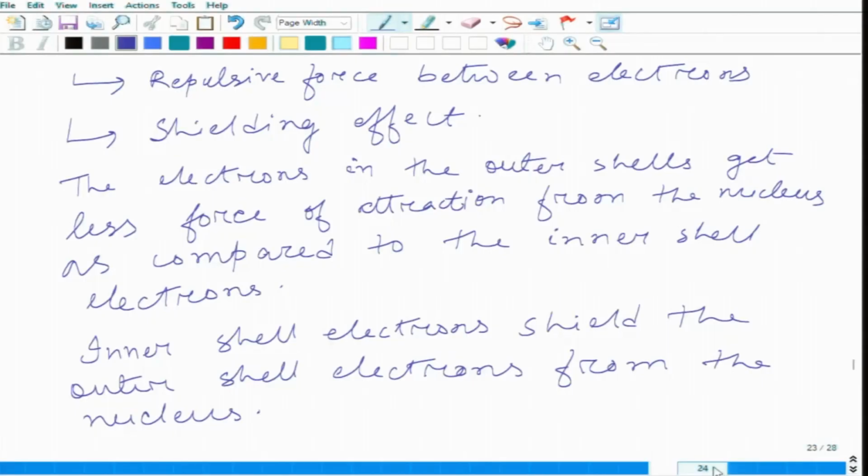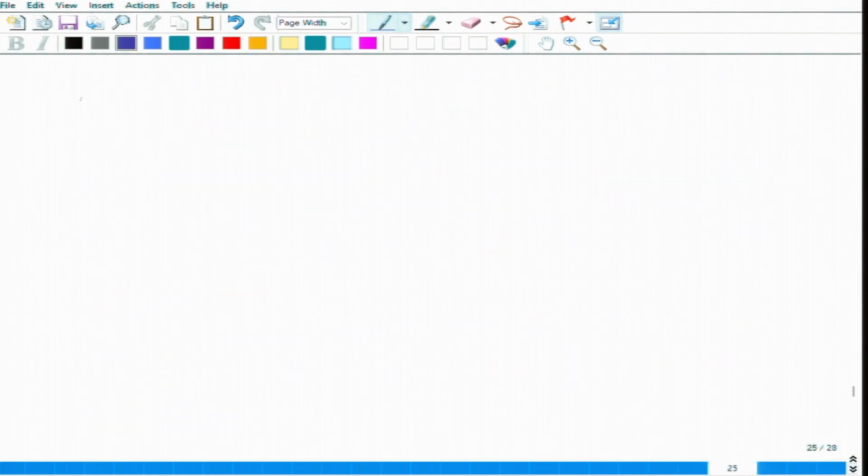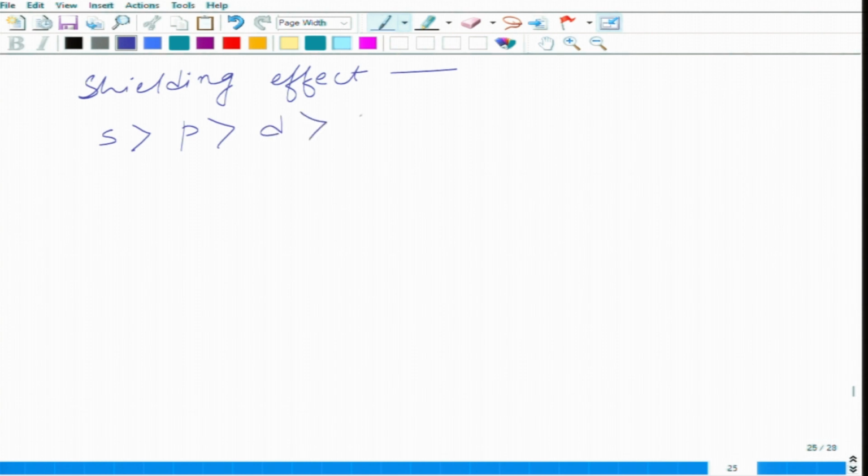So at that point, there is basically no shielding effect. So the shielding effect of p orbital as a whole is much less than that of s orbital. Similarly, the shielding effect of d orbital is less than that of the p orbital. So the shielding effect of s is greater than p, greater than d, greater than f, and so on.